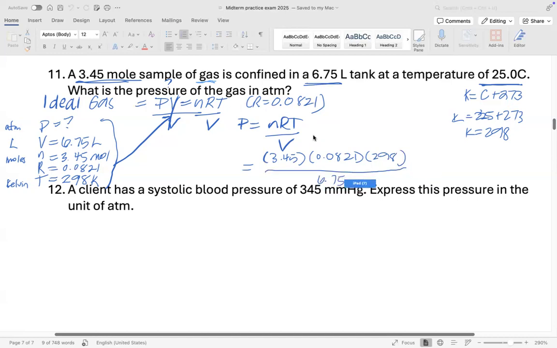All right, so I'd make sure I plug this into my calculator correctly, multiply across the top, divide by the bottom, and you would get a final answer of 12.5 atmospheres.